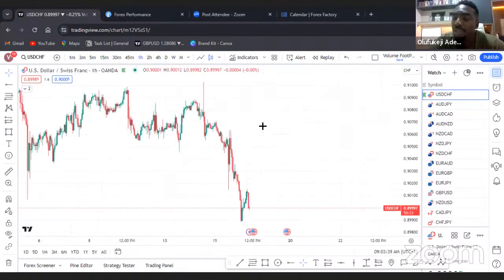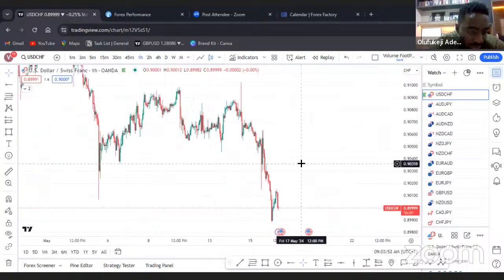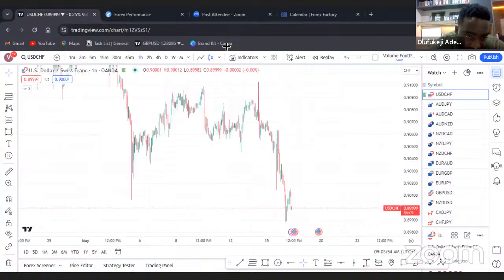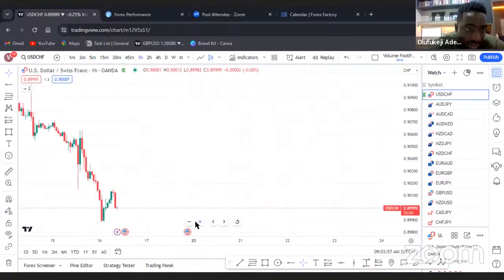Why? Because EUR USD, AUD USD, all the other pairs that have USD as the quote currency had formed higher highs. And we noticed that USD CHF had not yet formed lower lows.